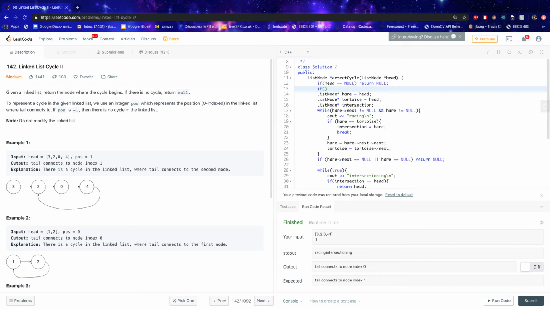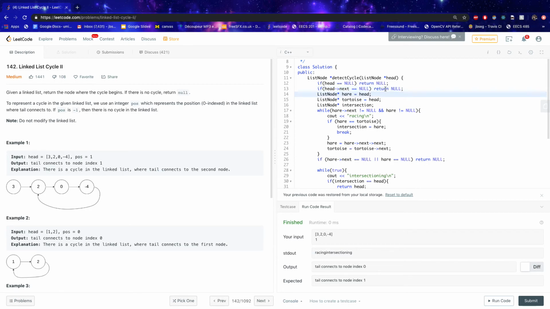If head next equals null, this means it's like a one node list, then I think I could return, oh yeah, also return null, because it's not connected anywhere.